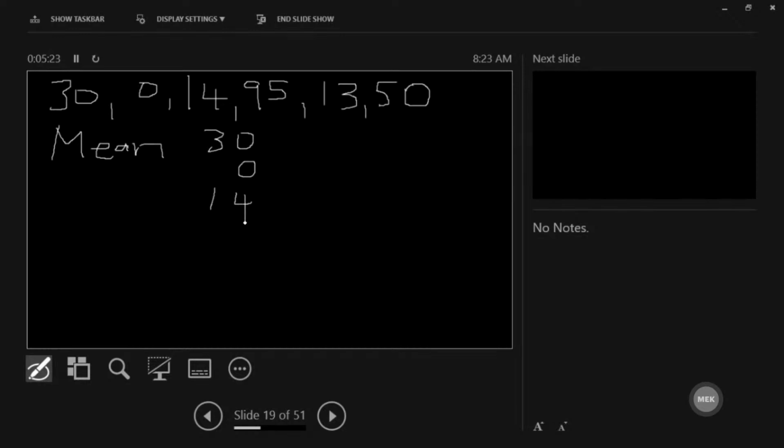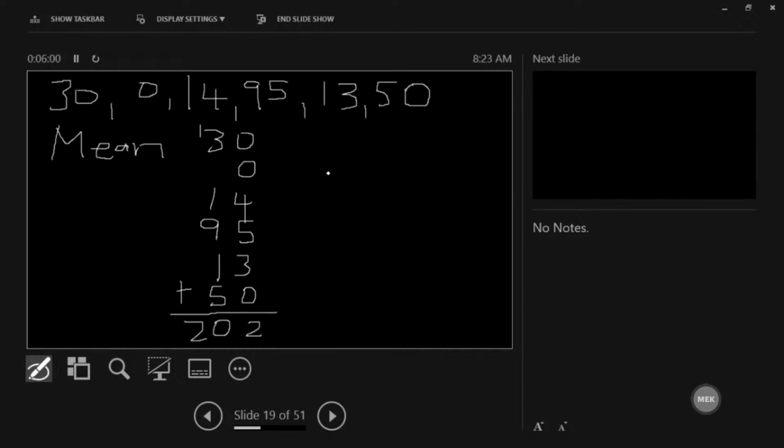Plus 14. So even though it's 0, it's still a term, and we have to count it when we're seeing how many terms, right? 0 is one of the terms. So there are what? 1, 2, 3, 4, 5, 6 terms here. All right, so adding these up, 4 and 5, 9 and 3, 12. 3 and 1, 4, 5, 6, and 9, 15 and 5, 20.